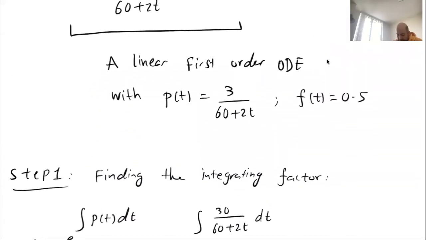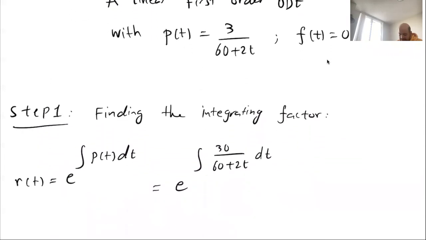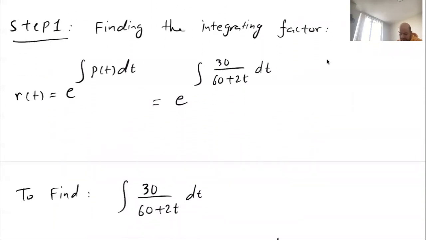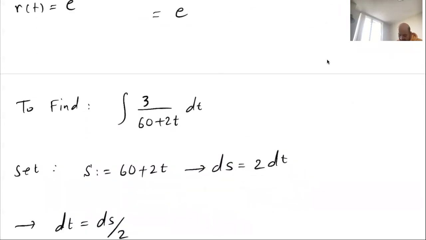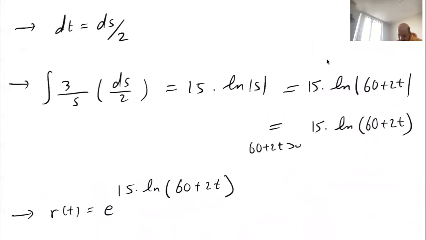Sorry, I made a mistake here. p of t was 3 over 60 plus 2t, but I wrote 30 over 60 plus 2t here. It's just 3 over this, so just delete this 0. Delete this 0, and then instead of 15, it will be 1.5, right? There's 3 over 2, which is 1.5. The rest is okay.